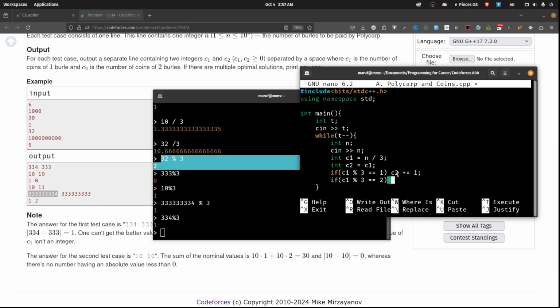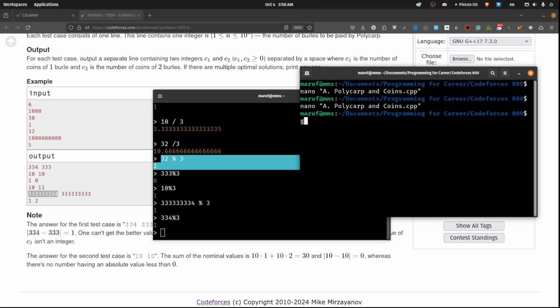Basically I think I do a wrong thing. This will be C1 and this will be C2 plus equal to 1. Or on the other hand, I can just print cout C1, C2 and endl.